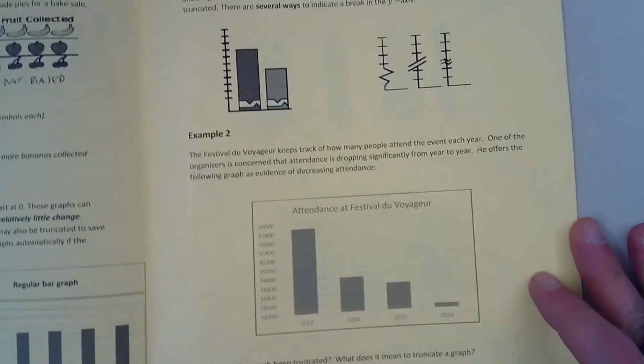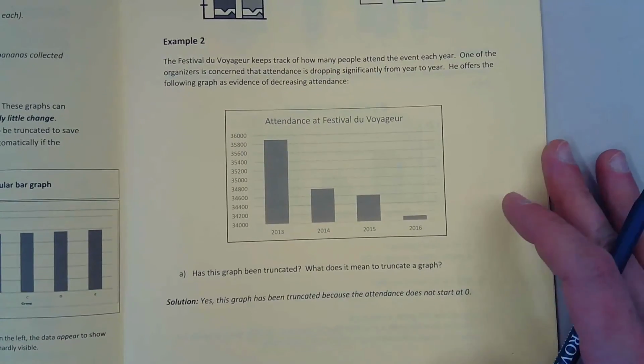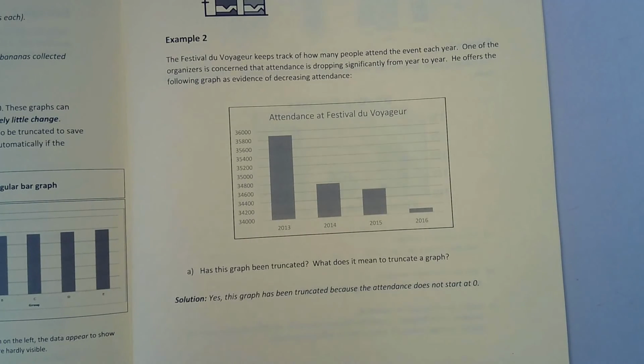Okay, example 2. The Festival de Voyageurs keeps track of how many people attend the event each year. One of the organizers is concerned that attendance is dropping significantly from year to year. He offers the following graph as evidence of decreasing attendance. So attendance has been going down, but is this an accurate graph?